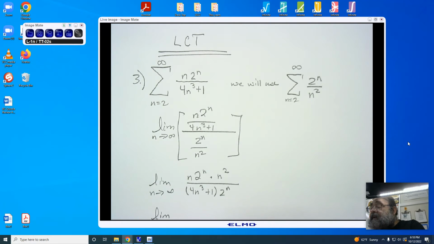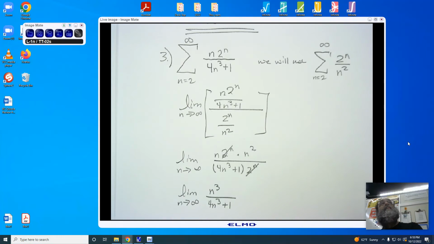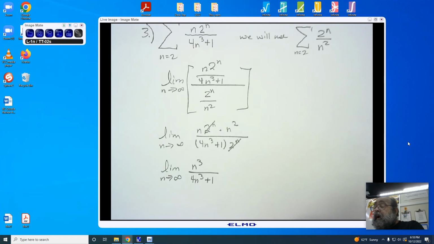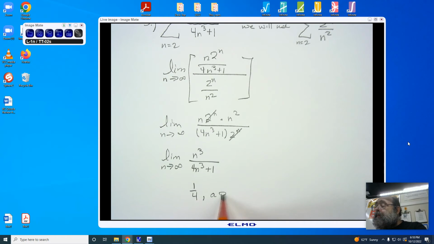And I'm now looking at something that I can work with. n cubed divided by 4n cubed plus 1. The n squared, 2 to the nths cancel. And this is 1/4, a positive finite value.